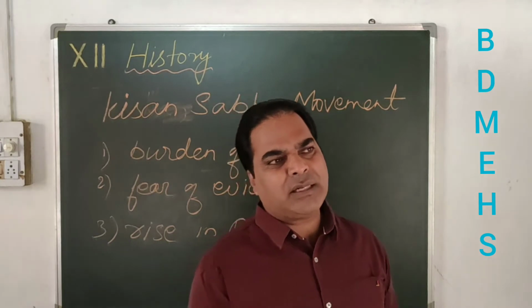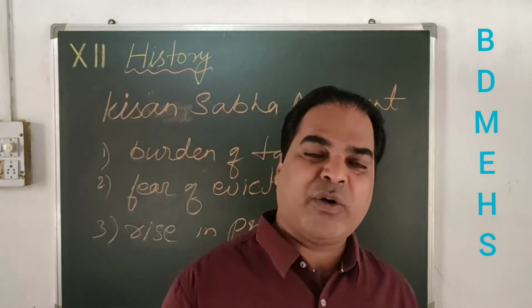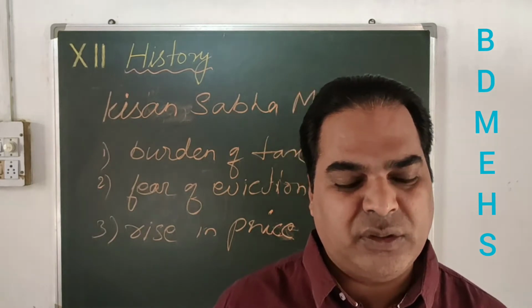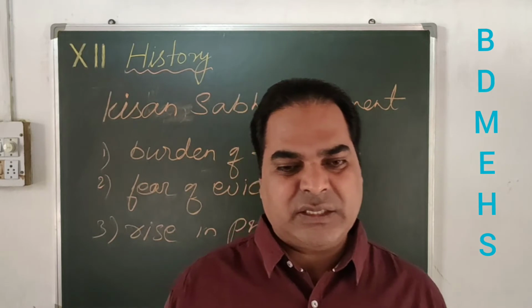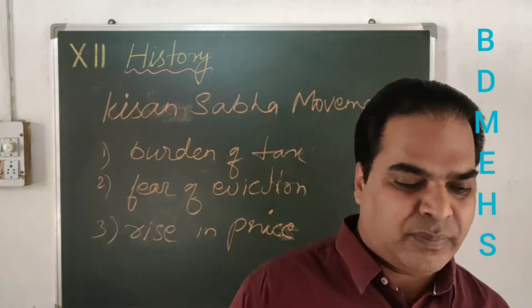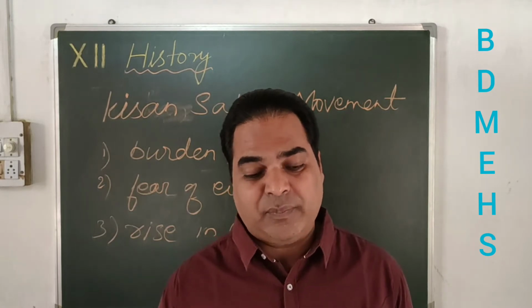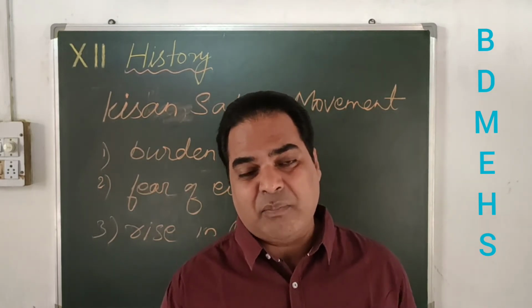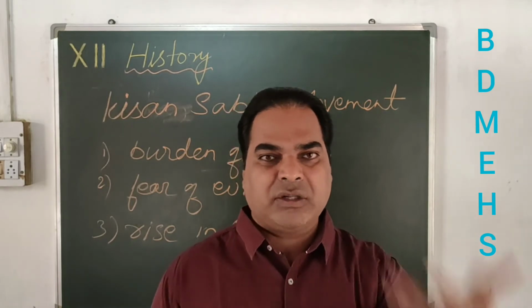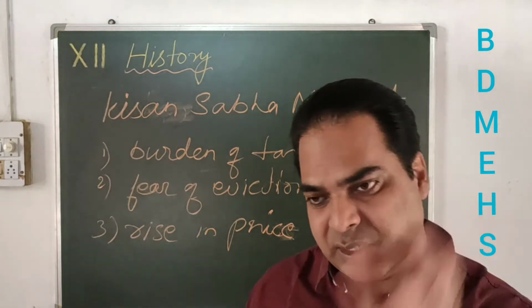You know that during the Non-Cooperation Movement itself, the Chauri Chaura incident took place. What was Chauri Chaura? I think you all know it. Peasants were peacefully demonstrating against the rise of price and all, and the police instigated them and fired on the unarmed mob, and the mob became violent. They locked 22 policemen inside the police station, and the police station was set on fire.